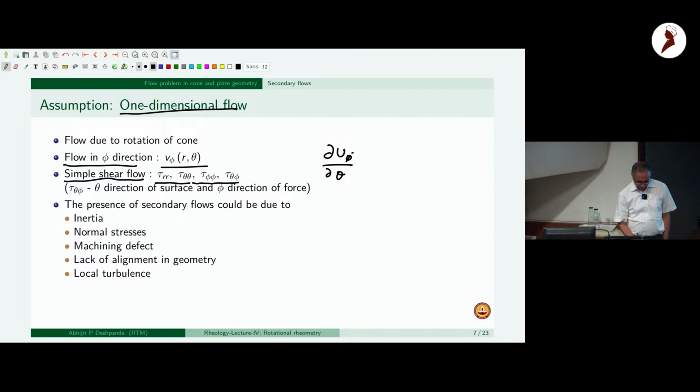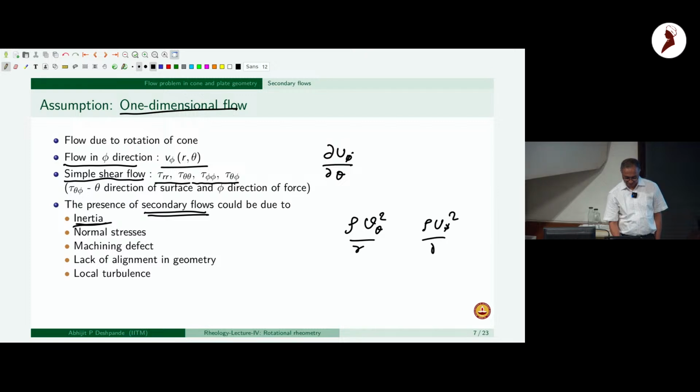And the fact that this one-dimensional flow could break down, right? It could be due to several effects, and one is inertia, in the sense that we have a circular motion, and terms like rho v theta squared by r or rho v phi squared by r can lead to basically a radial flow.